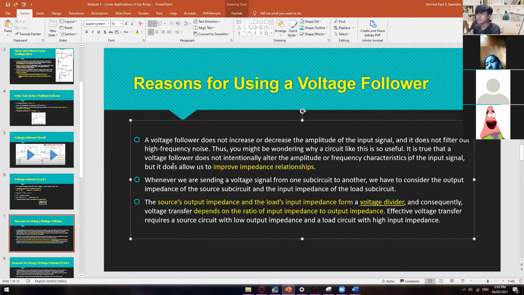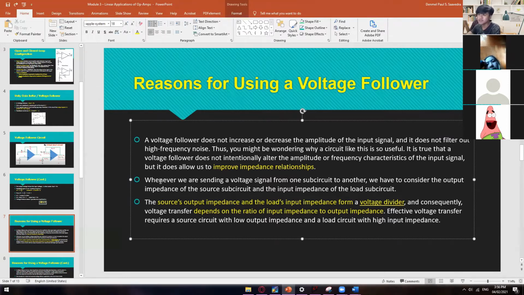But in a voltage follower, instead of having a voltage drop on each resistor or on each load, it will not lessen or decrease your voltage input. In fact, it will maintain it. So you can say that this voltage follower is a maintainer of our voltages.